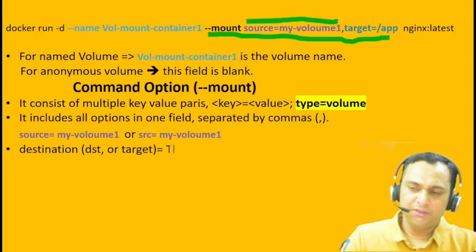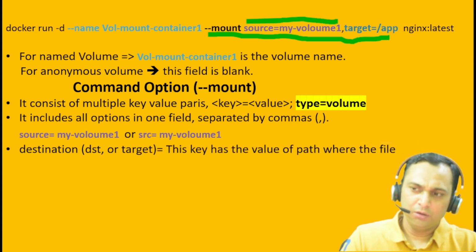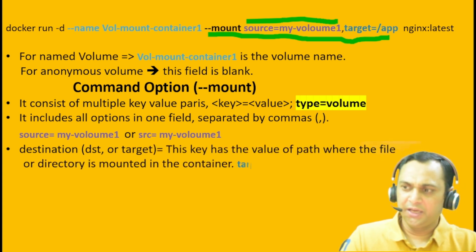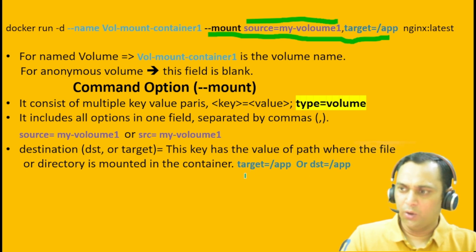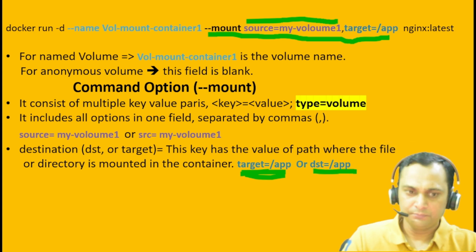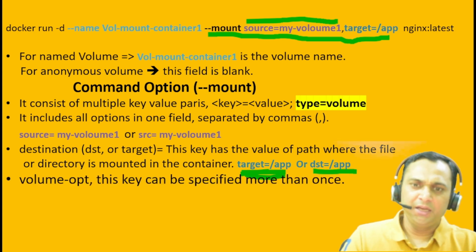The second is destination, or dst, or target. This is the key, and the value is the path where the file or directory is mounted in the container. So target=/app, or you can use dst=/app. The /app directory will be created inside the container. volume-opt: this key can be specified more than once.